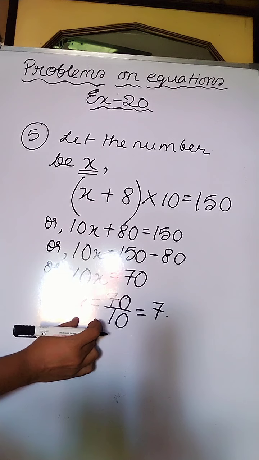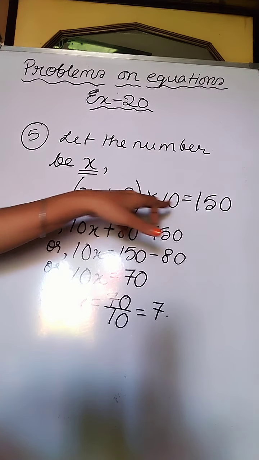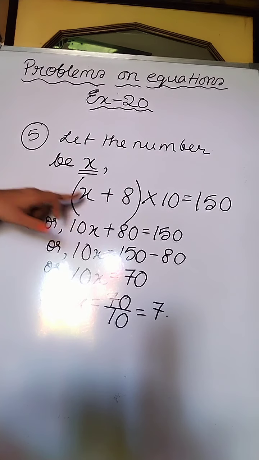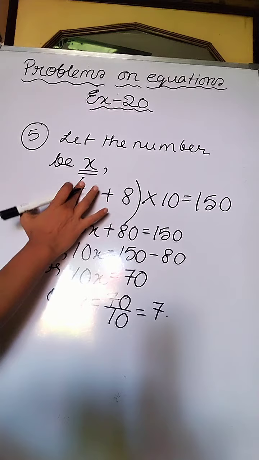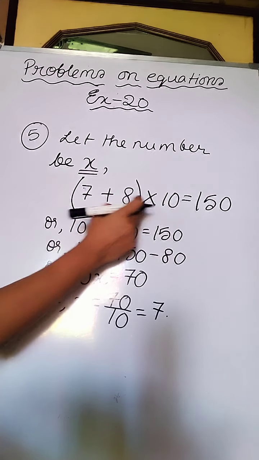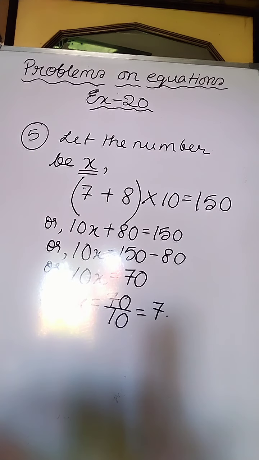So the value of x is coming 7. Now you can put 7 in the equation and check whether 150 is coming or not. If we put 7 in the place of x, then 7 plus 8 is 15, and 15 into 10 is 150. Thus you can check that your answer is absolutely right.